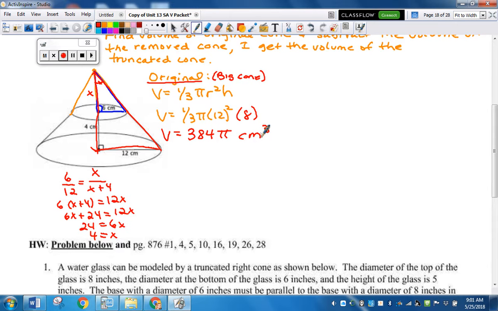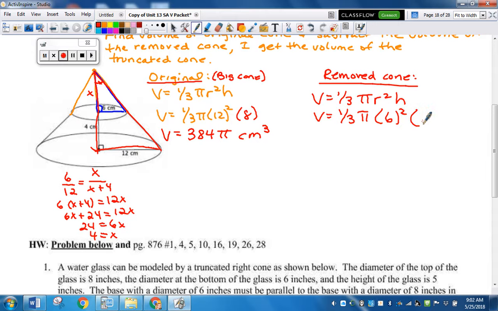And now, that's too much. That's more than what I want. So I need to figure out the volume of the cone we removed. All right, so the removed cone, still the same formula, volume equals 1/3 pi r squared h. So volume equals 1/3 pi. The radius of the removed cone is 6. So 6 squared, and we already know the height. The height is 4. That's what we found when we did that other proportion.